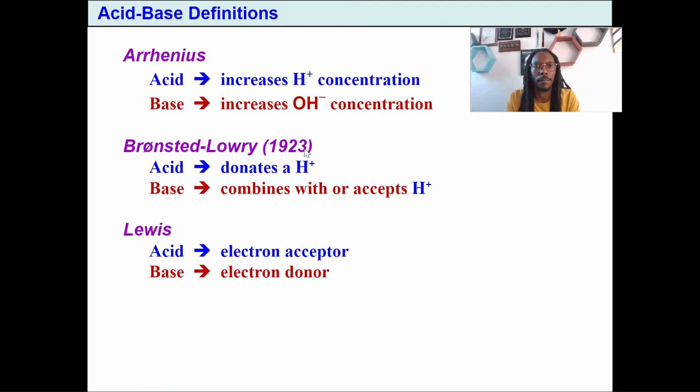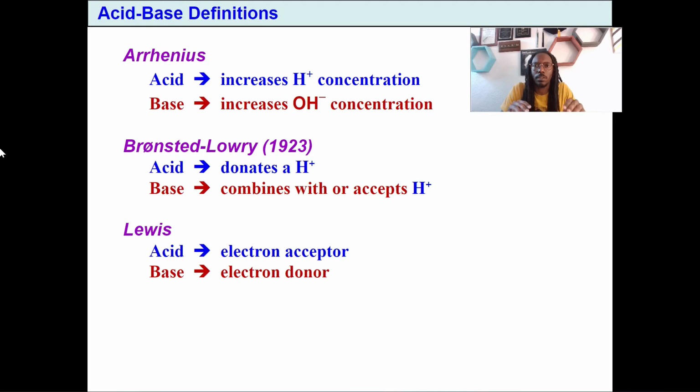The first one is the Arrhenius definition. This was basically the very first definition of an acid and base. Essentially, an acid increases your H+ concentration. We have to realize that this is very specific. Even if we look at our base, it increases OH- concentration.